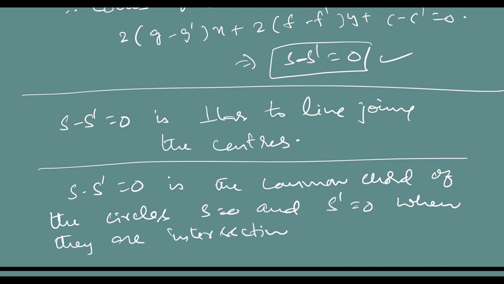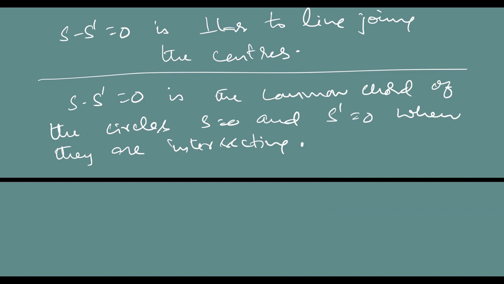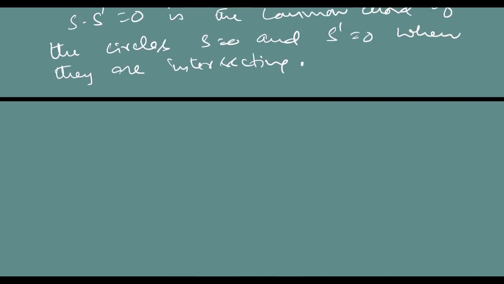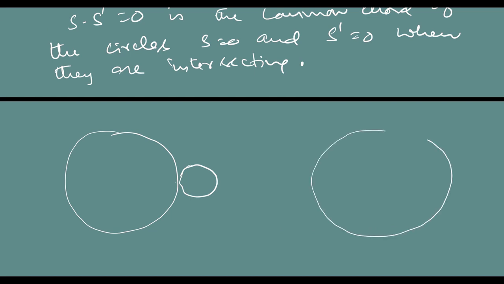Therefore, radical axis becomes the common chord when the circles are intersecting. Also, we saw that if the circles are touching each other, then it becomes the common tangent at the common point. The circles, they may touch like that externally, or they may touch like this internally.